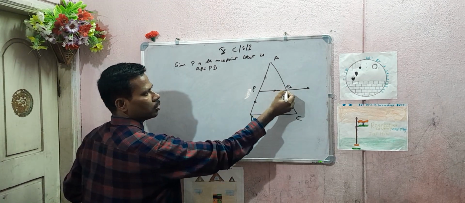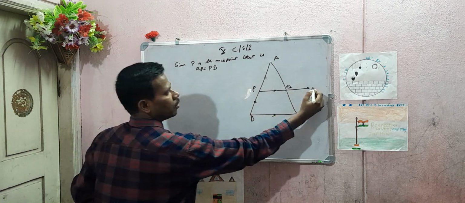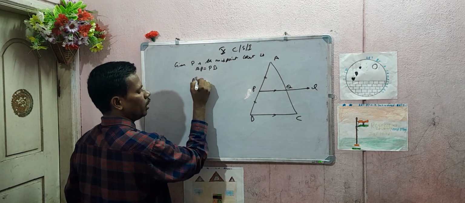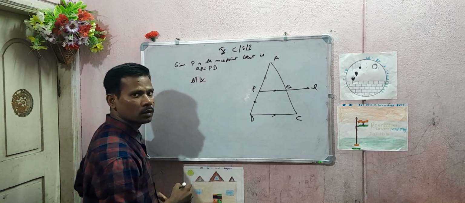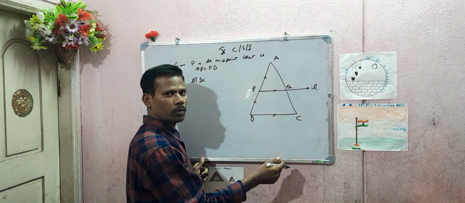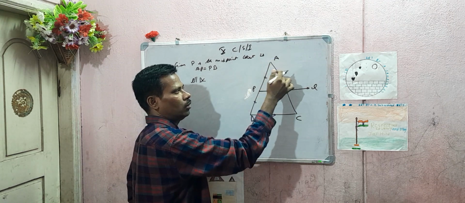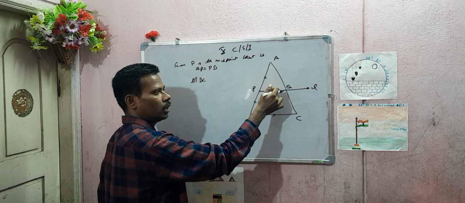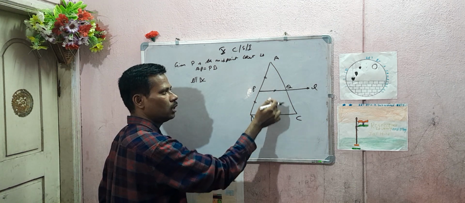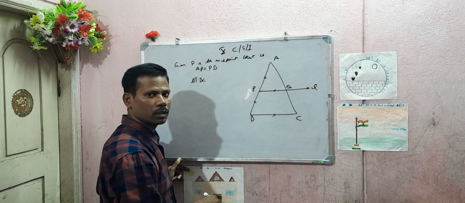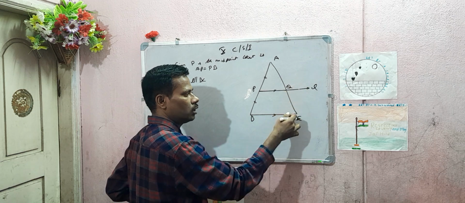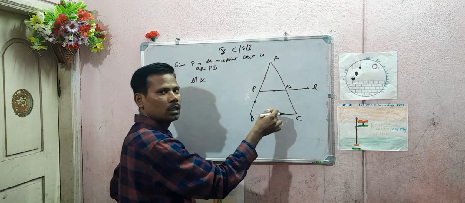Let's mark this as Q. PQ is parallel to BC. Using the basic proportionality theorem. What is the basic proportionality theorem? If a line is drawn parallel to one side of a triangle, then it will divide the other two sides in the same ratio. Already given, this line is parallel to this in the question.